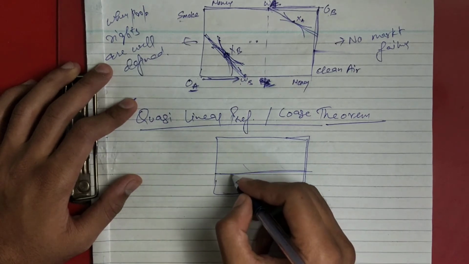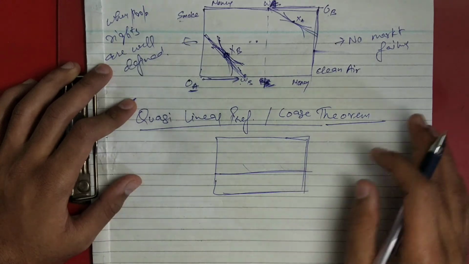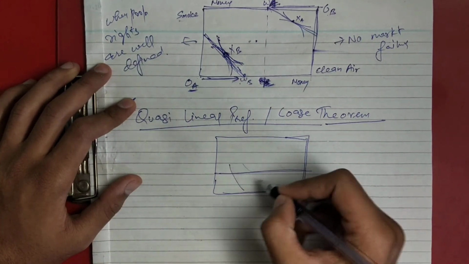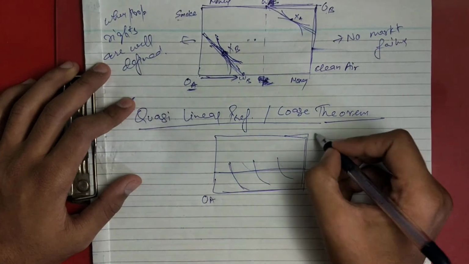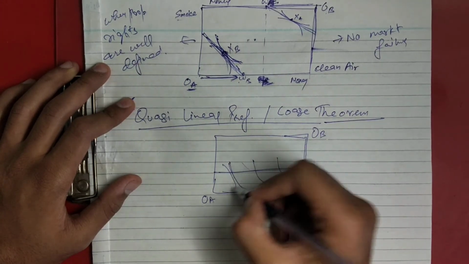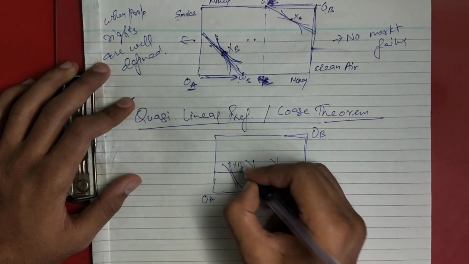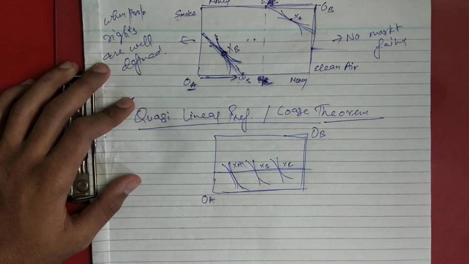Okay, which is also known as vertical or horizontal translates, right? So if you draw here, this will be for A, OA, OB. Similarly, this will be for B. So this is XA, this is XB, this is XC.